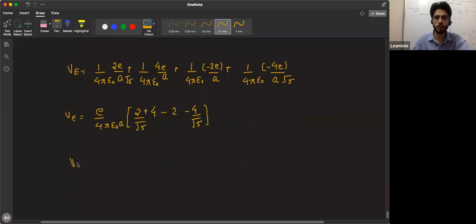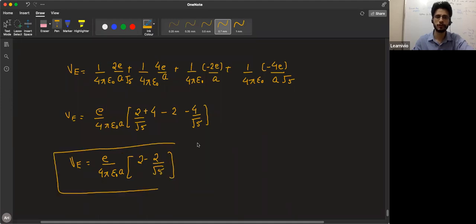So potential at point E is E over 4 pi epsilon naught A, so 4 minus 2 will be 2, minus 2 by root 5. So this is potential at E.